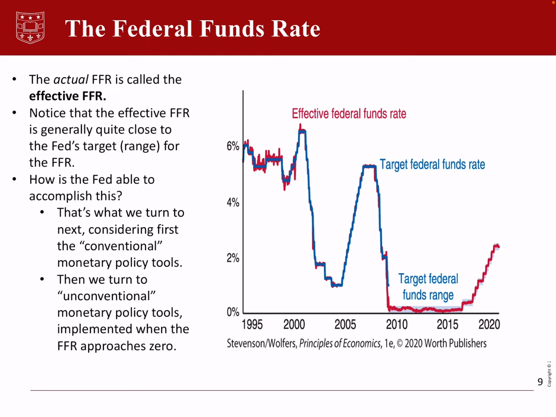Now, the actual Fed funds rate, if you go to the Fed website, is called the effective Fed funds rate. So that's what we have in red. The target is what's indicated in blue. Notice that the actual or the effective Fed funds rate is in fact quite close to the target.